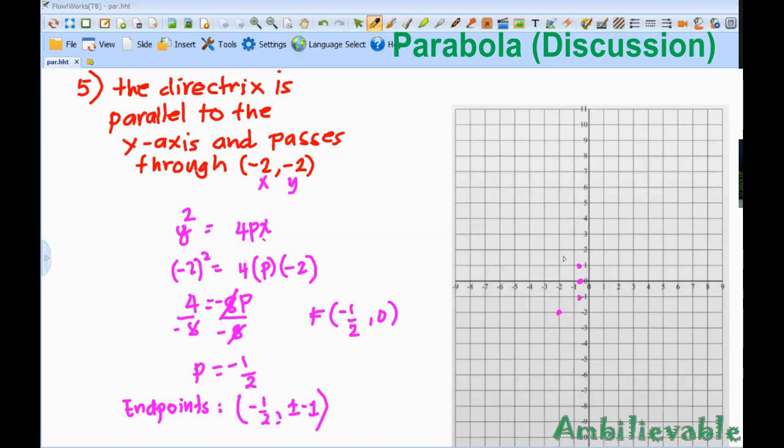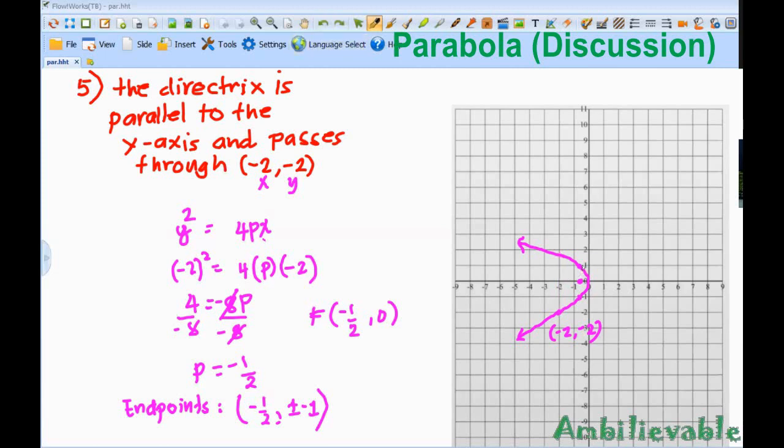Okay, so this is our parabola. Make sure that it will pass through (-2, -2), right? So we have this point. No, not this one.